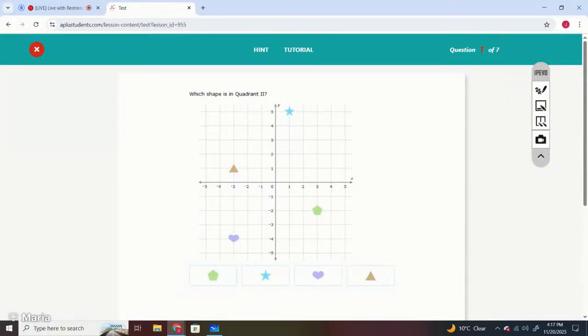Which shape is in quadrant 2, which is the correct option? This is the first quadrant, this is the second quadrant. In the second quadrant, we have the triangle.